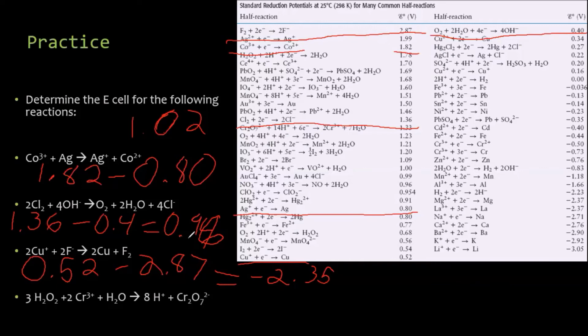I'm not finding that dichromate anywhere. It's right under the... Okay, I cross that out. Okay, right, here's the problem. You notice this has 14 hydrogens and that has 8 hydrogens. When I added these together, I crossed off some on both sides. So when I balanced this, I lost some of my reagents.